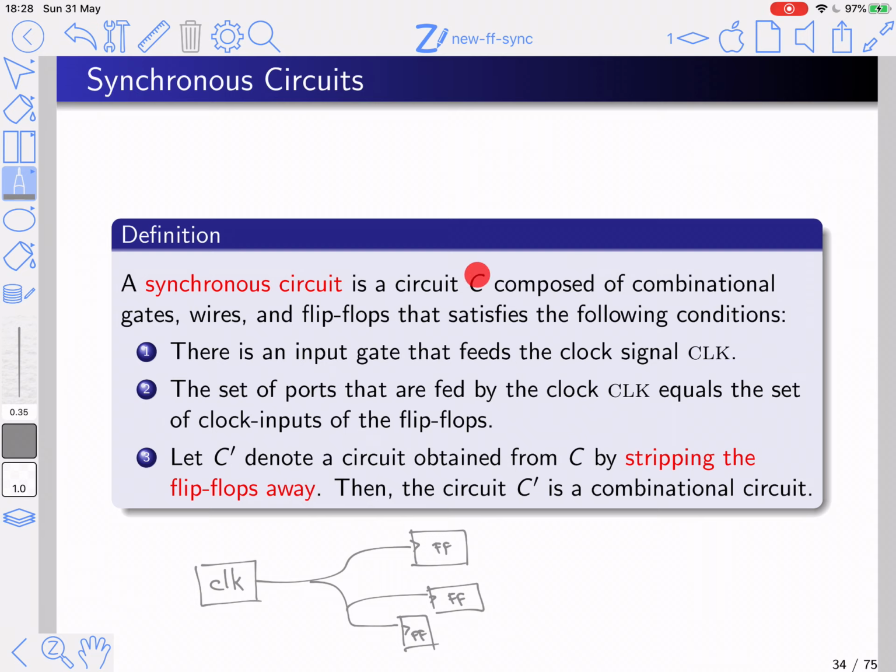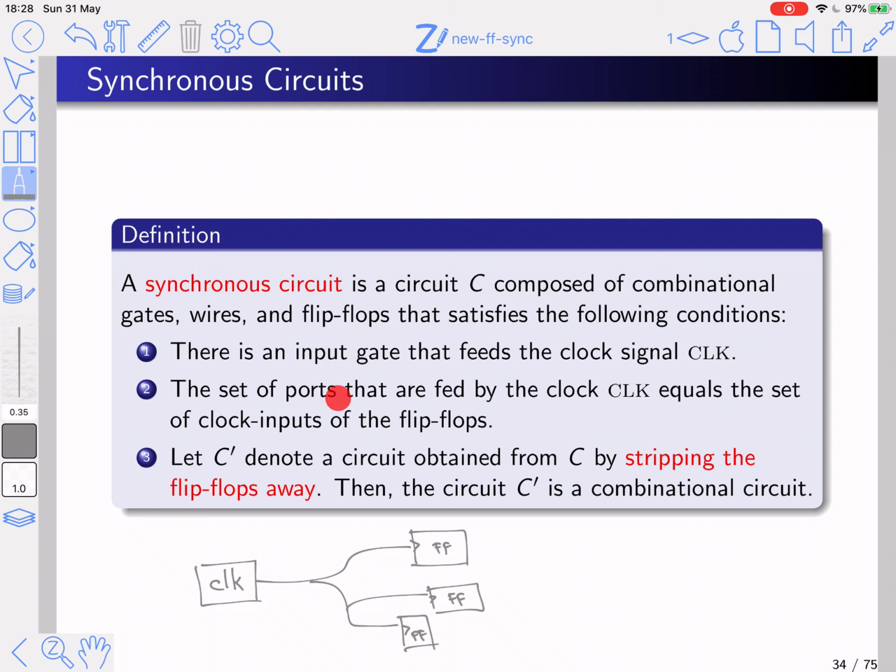Okay, so here's the definition. We say that a circuit C is a synchronous circuit if it's composed of combinational gates, wires, and flip-flops, and it satisfies the following three conditions. First of all, we have a net which is fed by the clock signal, and this net is fed by an input gate, actually, which is giving the clock signal.